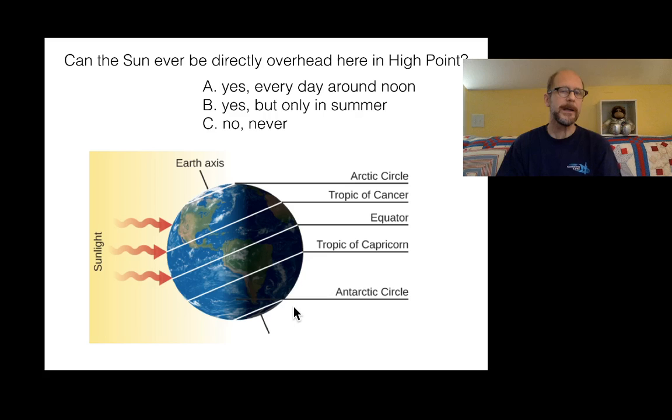So that is a quick introduction to latitude and longitude, and just some important background information as we talk about seasons and, especially, how your location on the Earth affects what you see in the sky as far as how things move in the sky.